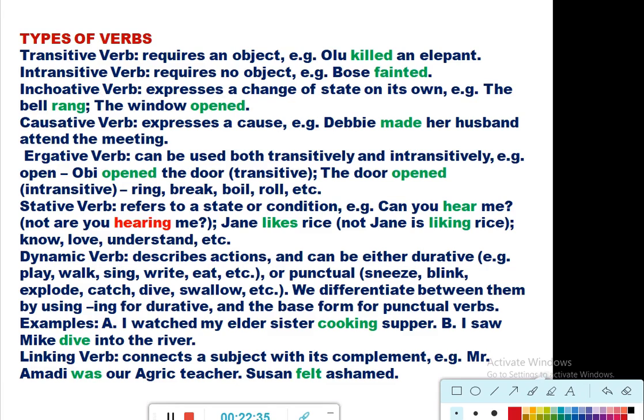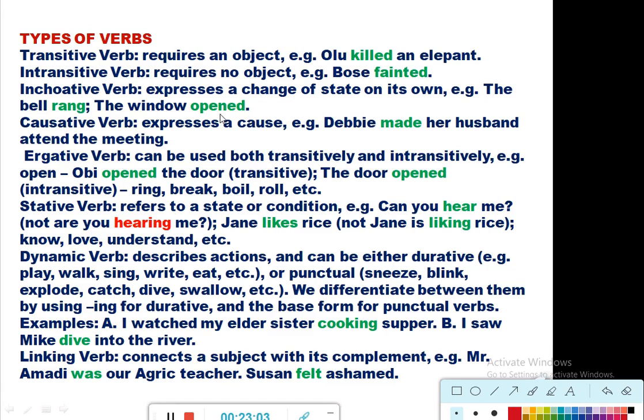It gives us the picture as if the bell rang itself. But the difference is that an inchoative verb can as well be a transitive verb that we have already used inchoatively. Then again, the window opened.